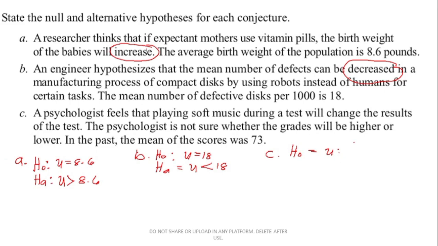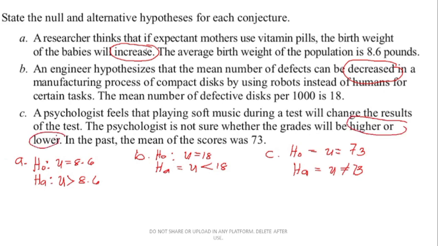And our alternative hypothesis would be mu is not equal to 73, because we have the words higher or lower.